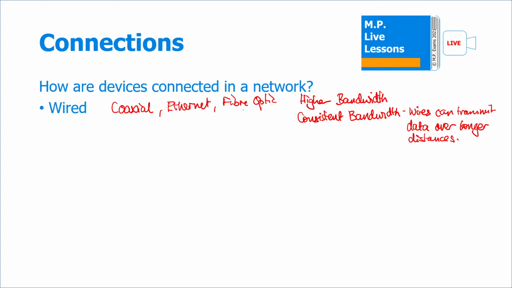So the other method, as I've said, is the wireless one. So that'll be often, let's say, Wi-Fi. Now, you would probably use this over wired ones because wired ones need expensive equipment.